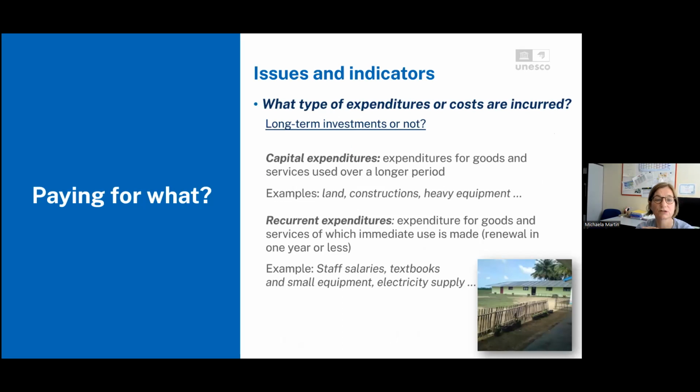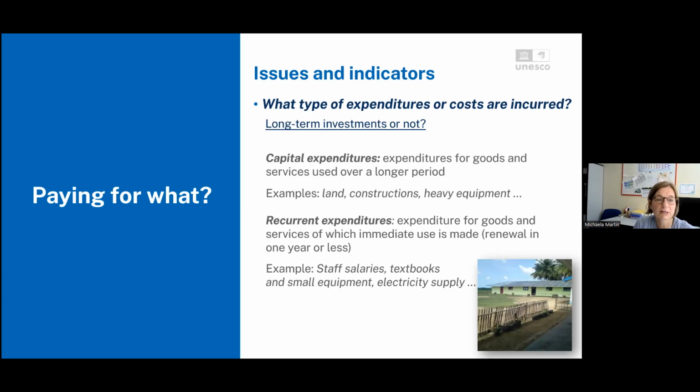So this is the expenditures for goods and services used over a long period, for instance, the purchase of land, construction of buildings, purchase of heavy equipment, versus recurrent expenditures, which is the yearly budget, and the expenditures for goods and services of which immediate use is made and renewal in 1 year or less.